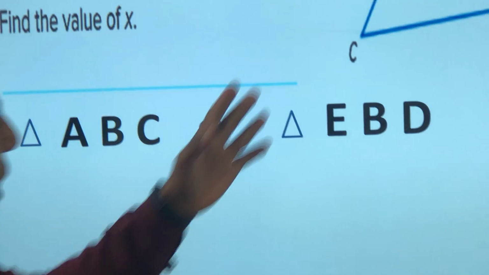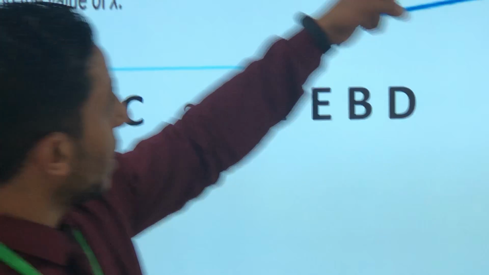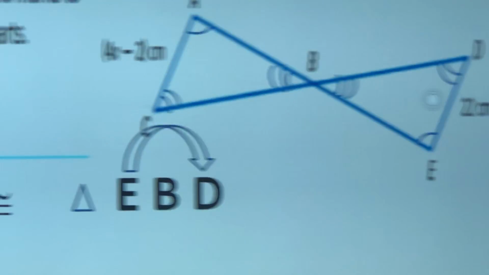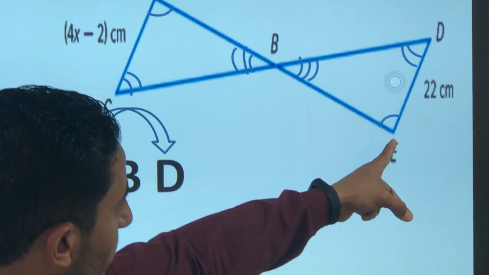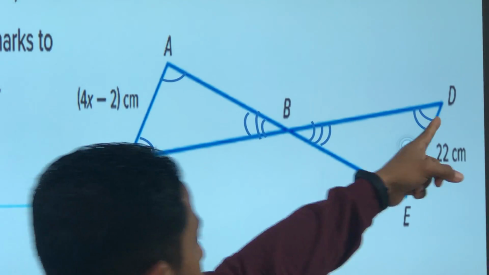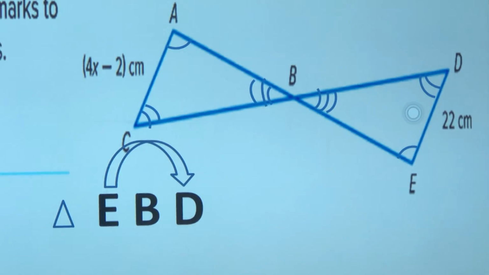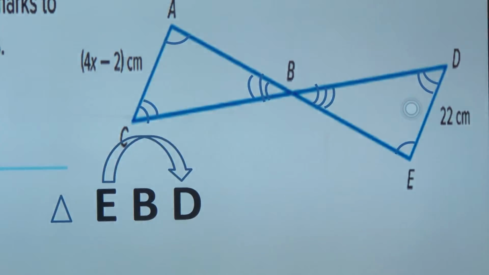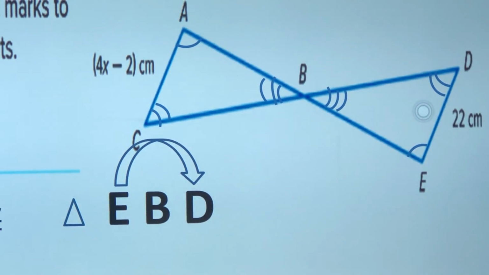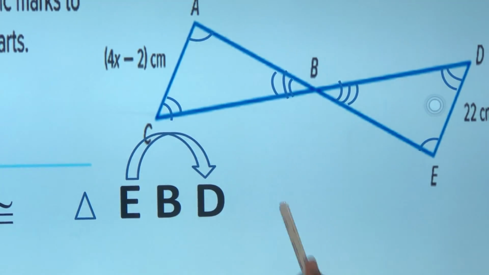We have two congruent triangles, as you can see, A, B, C, and E, D, B. Angle A equals angle E, and angle C is equal to angle D, and angle DBE equals angle ABC. These are vertical opposite angles, as you studied before. So angle ABC is congruent to angle EBD.